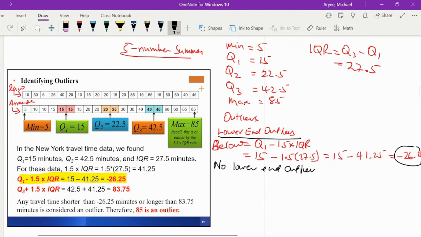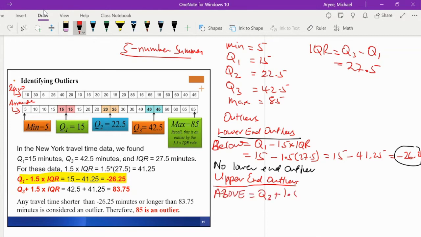Now let's look at the upper end outliers. So anything above Q3 plus 1.5 times the interquartile range. Here, Q3 is 42.5 plus 1.5 times 27.5. That gives you 42.5 plus 41.25, which gives you 83.75. So is there any upper outlier?